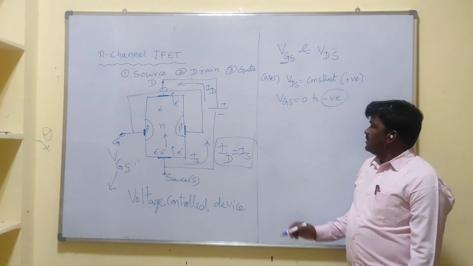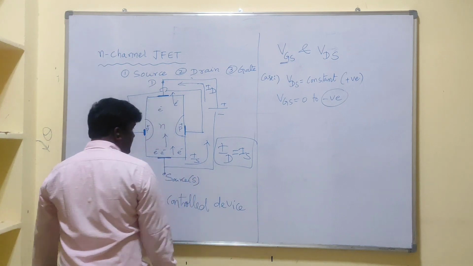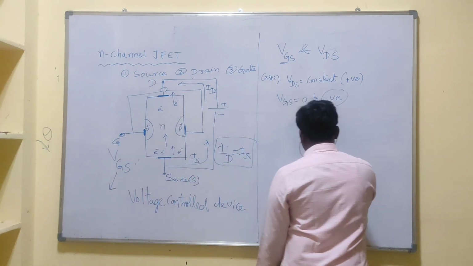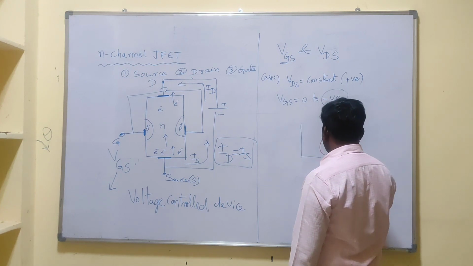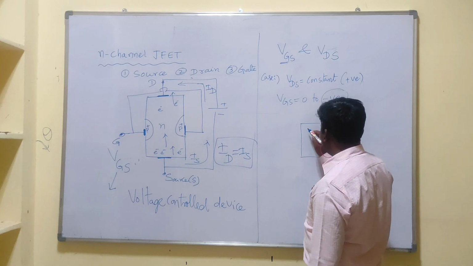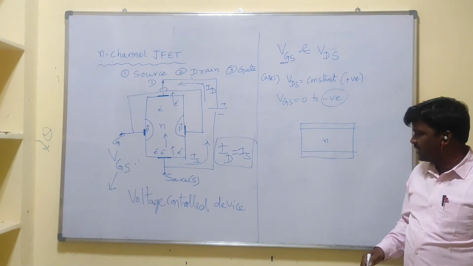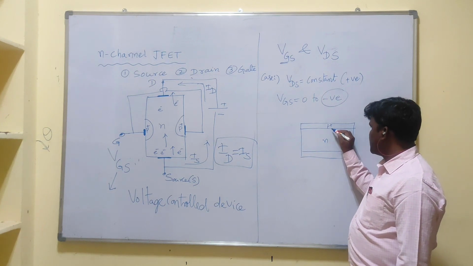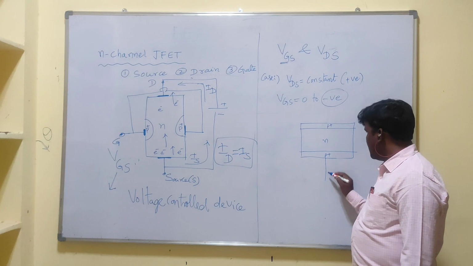Suppose VGS is 0. Initially we have the depletion region. Actually, let us take our n channel like this. So it is our n channel, and we have two p plus regions. For understanding purpose, I will draw like this. So this is a p plus region, and it is also another p plus region. That means here we have our gate terminal.